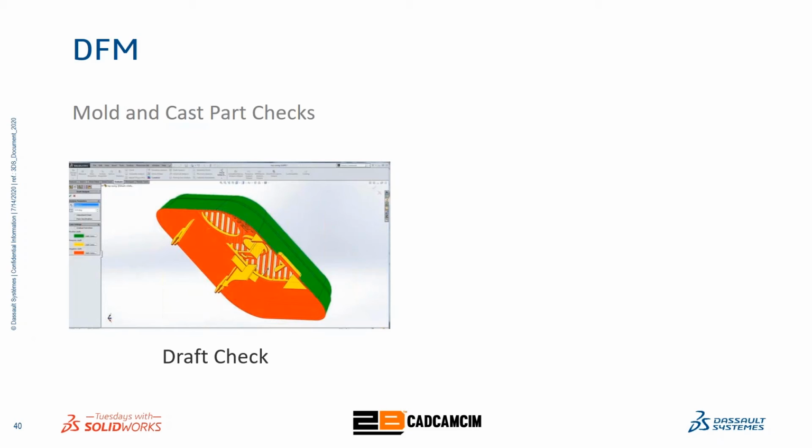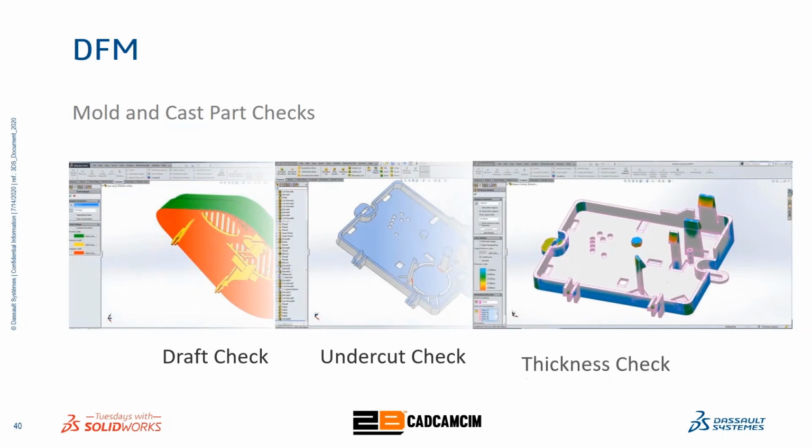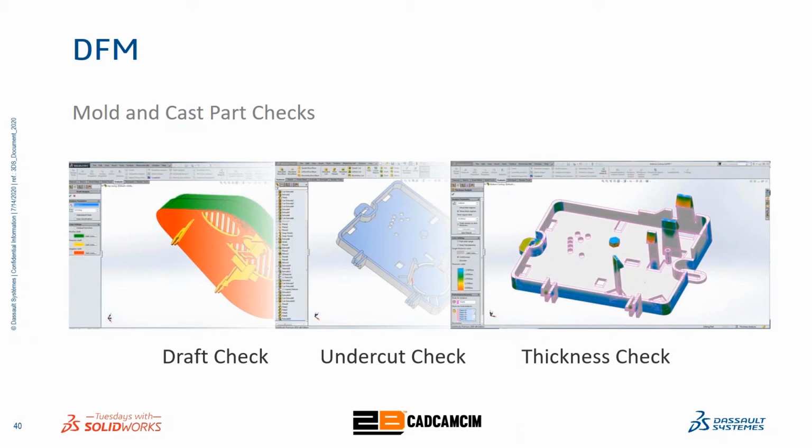SOLIDWORKS actually has many tools to check design manufacturability, and one of them is what we use to check moldability of our designs. Tools such as draft check, undercut check, and thickness check.